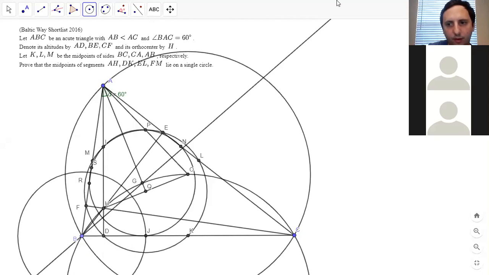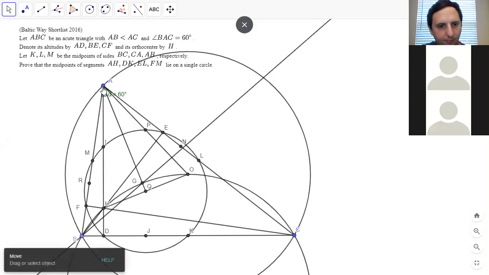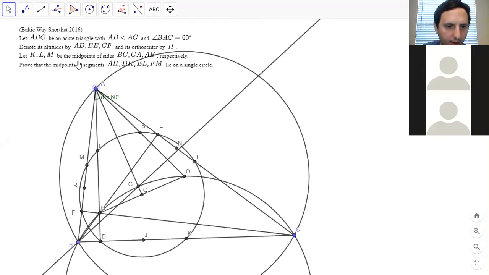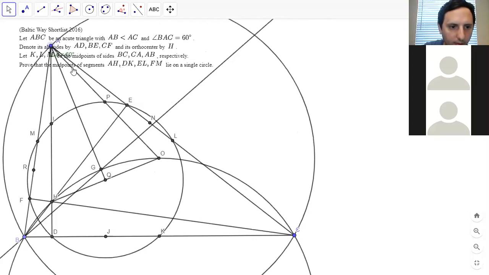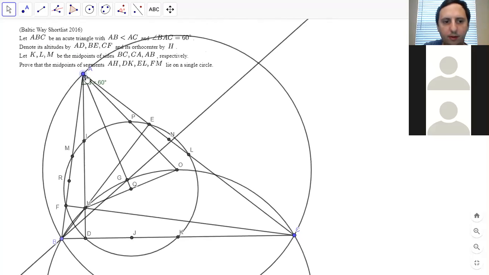Yeah, I don't understand this. I'm a little confused. Like if GR equals GJ, and G lies on the angle bisector, wouldn't that mean that GRBJ would be a kite? See what I'm saying?